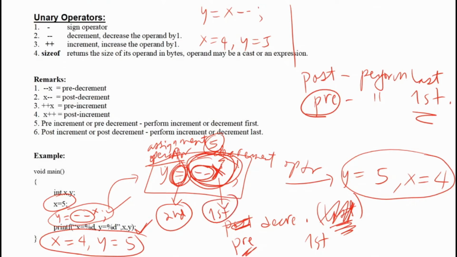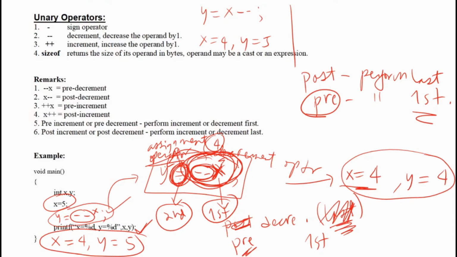So with pre-decrement, you decrease x by 1. From 5, it becomes 4. So at this point, your x first is changed to 4. After that, you execute the assignment operator. And so the right side value, take note, is already 4. Assign it to y, so your y becomes 4.